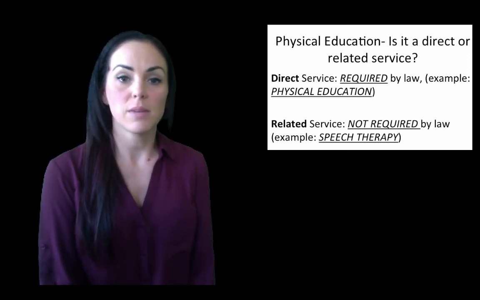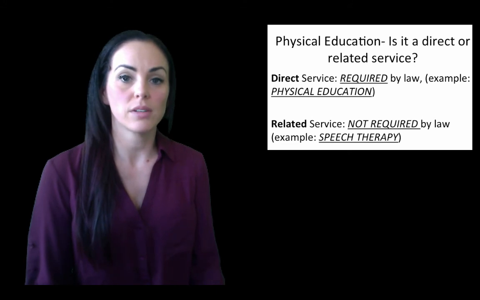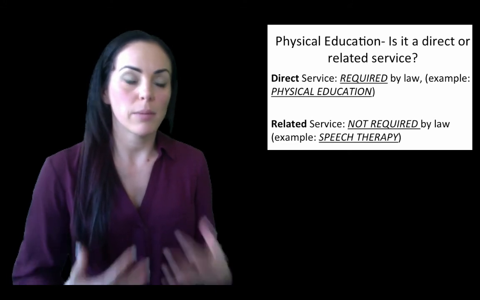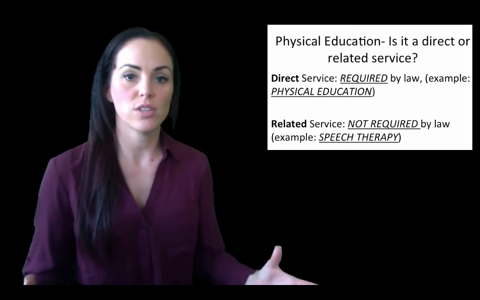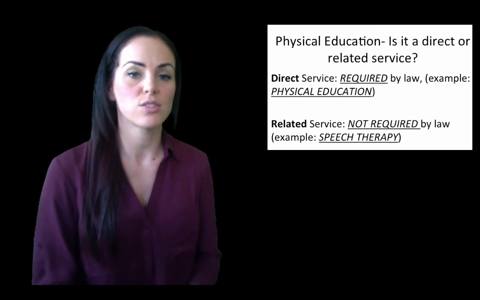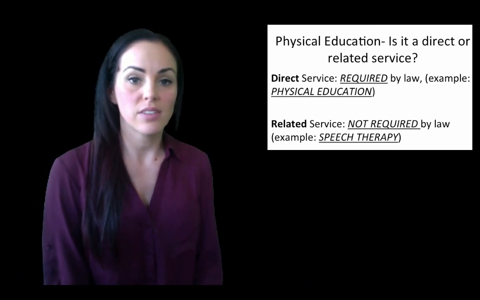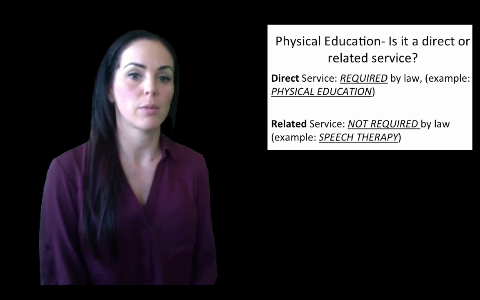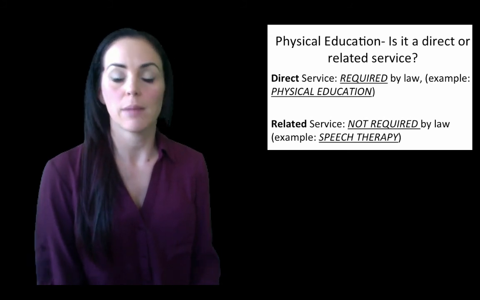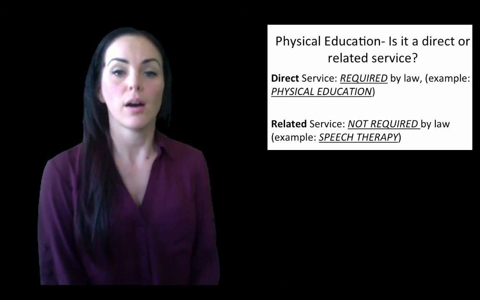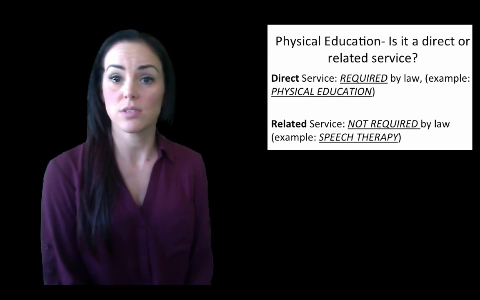And that basically means that if I have a disability and I am able to move just fine, I have no issues moving from one place to another, I'm not going to need physical therapy, occupational therapy. If I have no problem speaking, I'm not going to need speech therapy. However, some students do need those things.